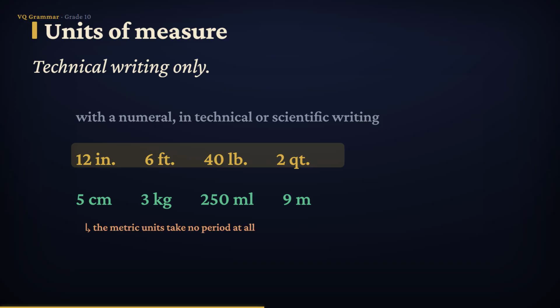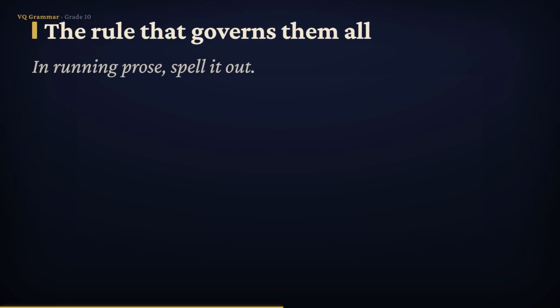And notice something handy. These forms don't change for the plural. It's 40 lb., never 40 lbs. But in ordinary prose, a story, an essay, a letter home, you write the words out. 40 pounds, 6 feet. Save the short forms for the lab report. Now for the rule that matters most, the one that outranks every form we've just seen.